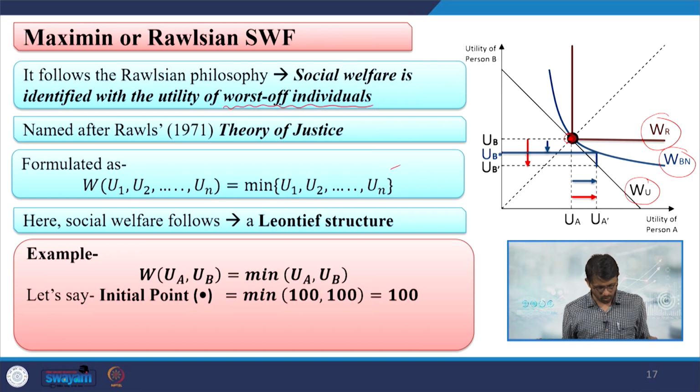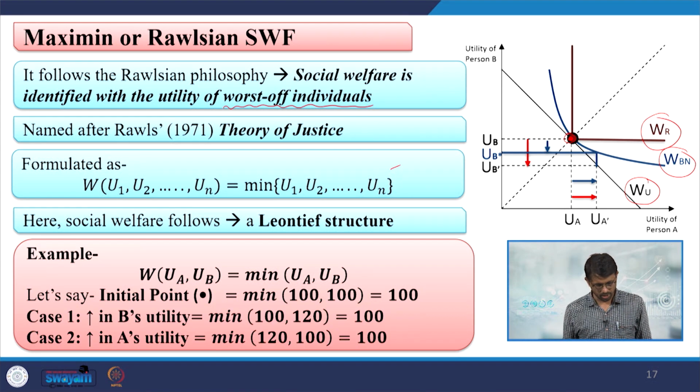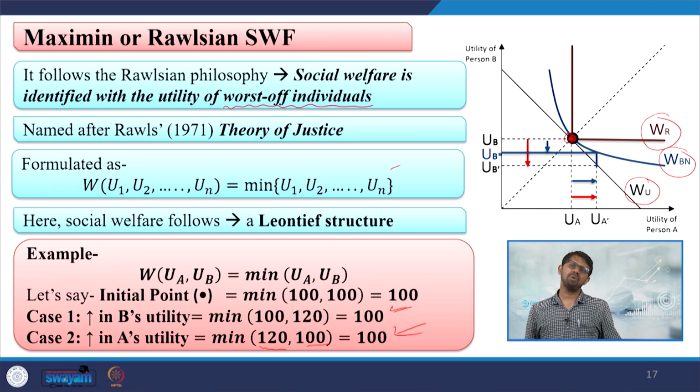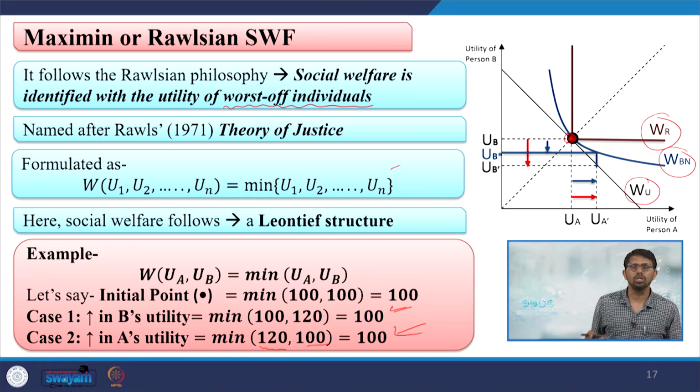So, the initial point which I have already said, if it is 100 and 100, then the minimum will be 100, and there are two cases you can solve and understand. If the minimum choice between 100 and 120 is there, the minimum will be 100, or if the first person has 120 and the other has 100, then 100 is actually required, and these might be considered largely substitutes for each other.